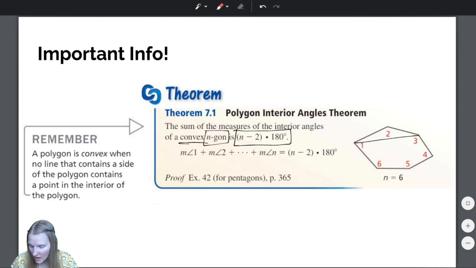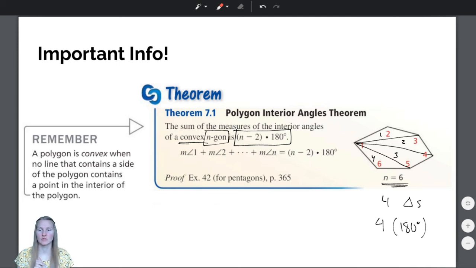Because if I triangulate this shape, I'll see that I get 1, 2, 3, 4 triangles. N is 6, there are 6 sides, and I have 4 triangles. Now, I have 4 triangles, and each triangle has 180 degrees in it.